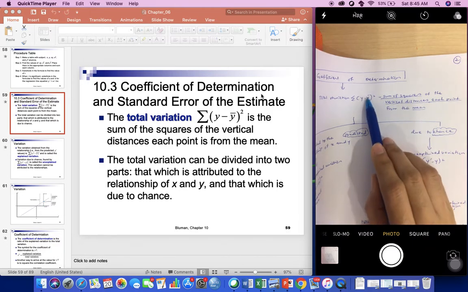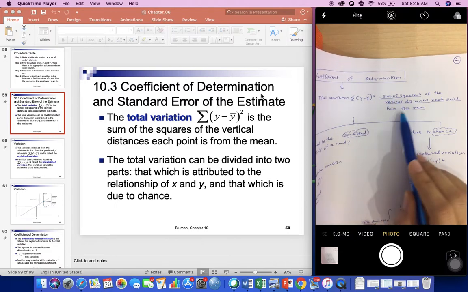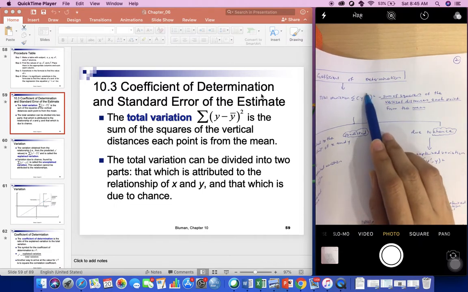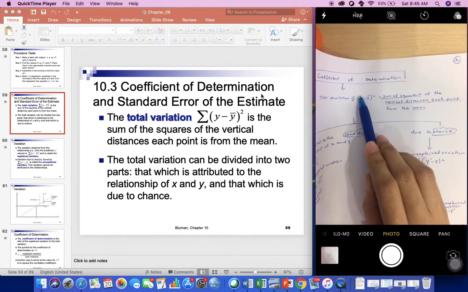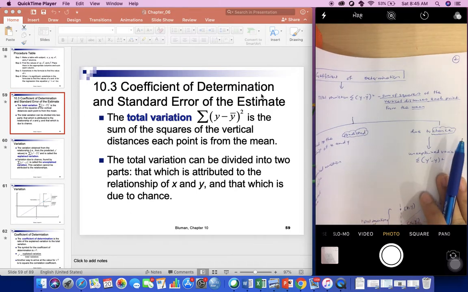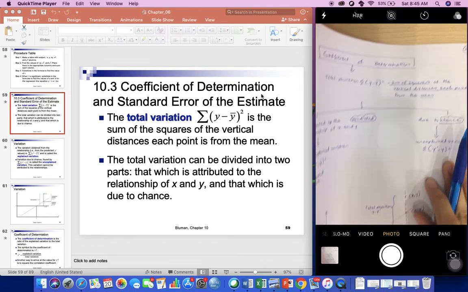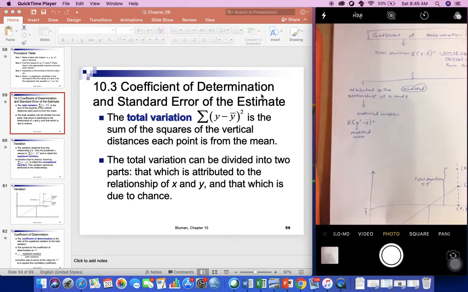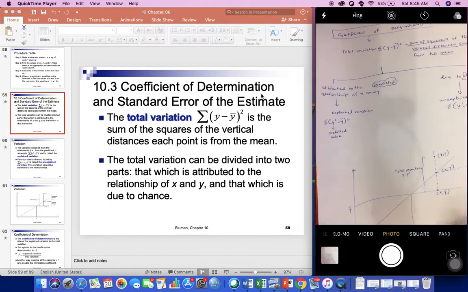This Y is the mean for Y, and this one is the observed Y. So what is the meaning of vertical? When you look at the graph, this is a vertical line.